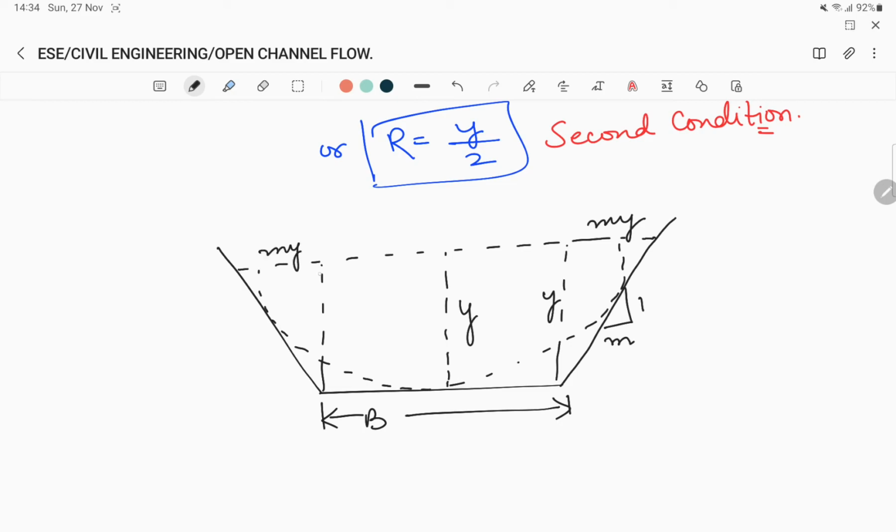This is my. Then this will be half of top width, T by 2.